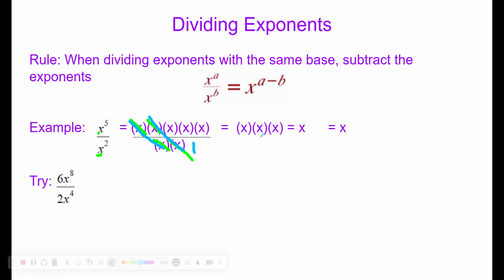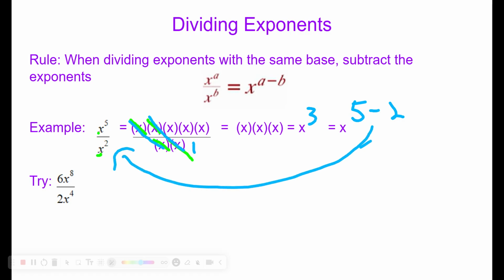We don't usually keep the 1 on the bottom. We're left with 3 x's that are not crossed off, so our final answer would be x to the 3rd power, which would be x to the power of 5 minus 2. And I got that from right here. All right, so a couple different ways we can show that. So let's work on dividing those.